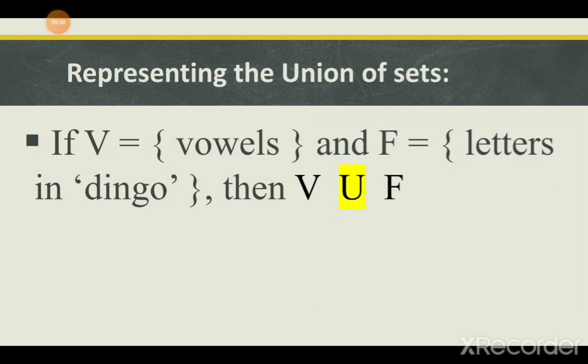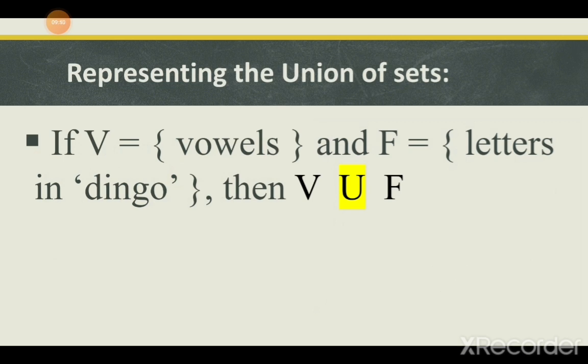Okay. So, if V is equal to vowels and F is equal to the letters in the word dingo, then V union F is, so take note of the symbol of your notation, union, it is your U. Pag intersection naman, inverted U. Okay?